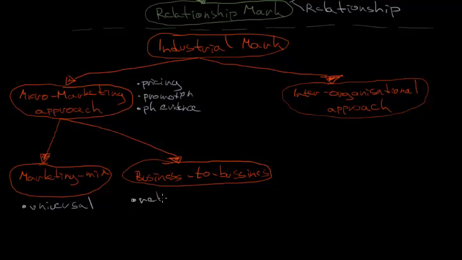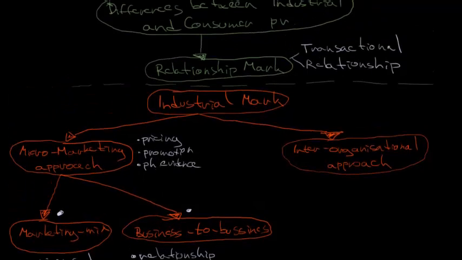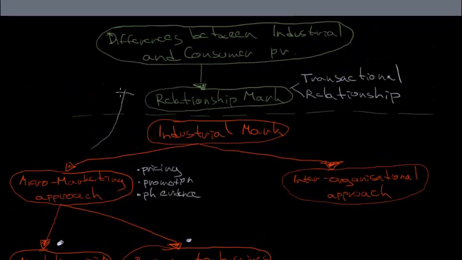So again, you try to look at it from these two most concrete points of view. For instance, here you are looking at a relationship of buyer and seller. What does this mean for the more general thing of the pricing and promotion? So how you should price your products when you are focusing on the relationship, and that again is more concrete. So again, the differences between industrial and consumer products.